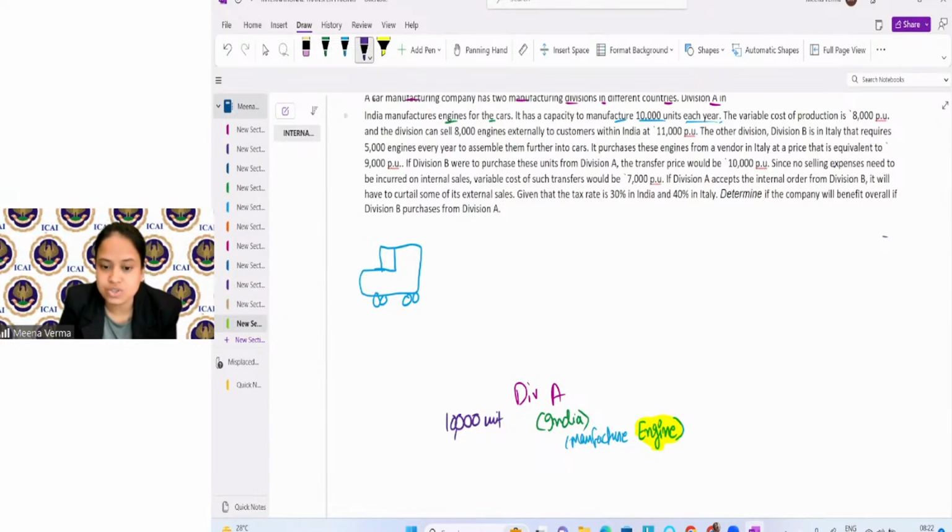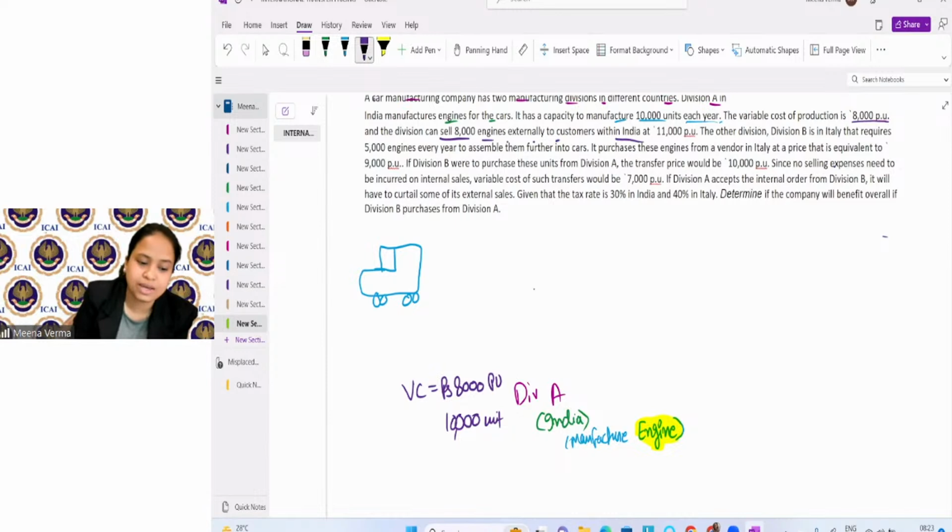The variable cost of production is rupees 8,000 per unit. Their variable cost per unit is rupees 8,000. Then the division can sell 8,000 units externally to customers within India.